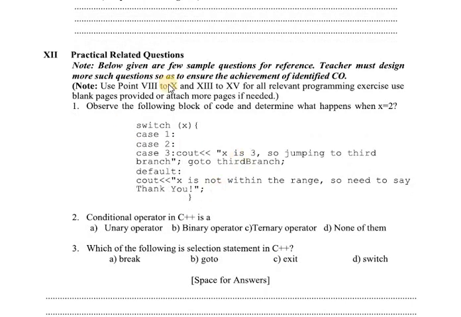Now see our practical related questions. For points 8 to 10 and 13 to 15, for all relevant programming exercises, use the blank pages provided or attach more pages if needed.